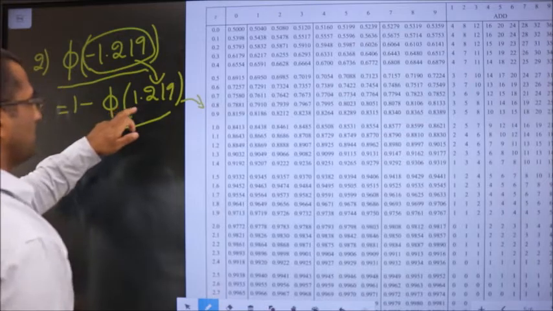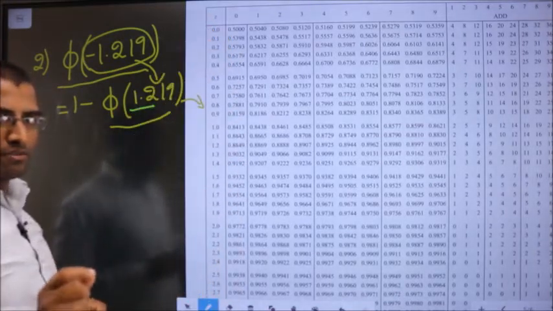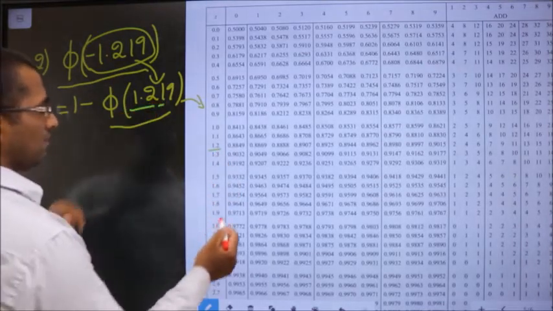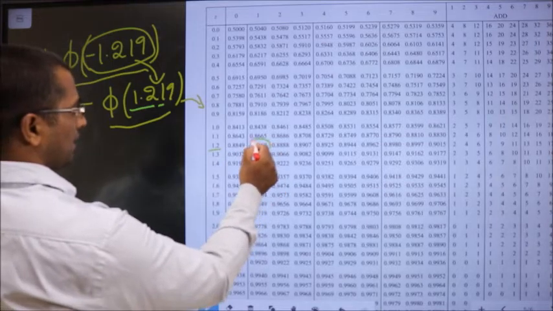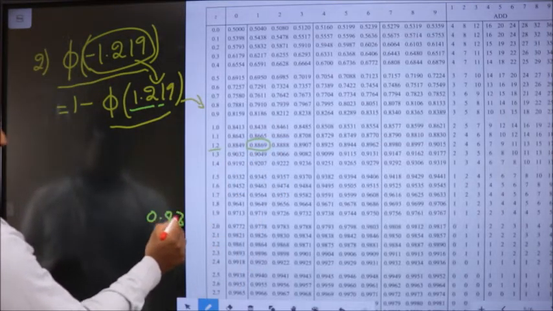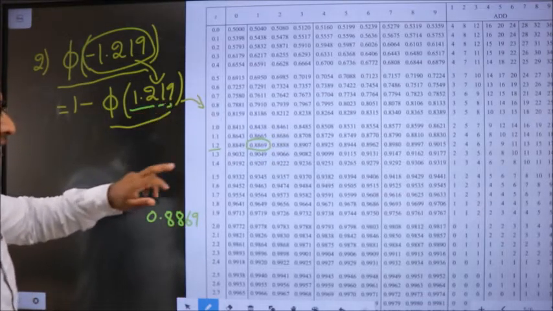Now, first is 1.2. In this column, where do you come across 1.2? Here. Next decimal is 1. So that value is 0.8869. Next decimal is 9.